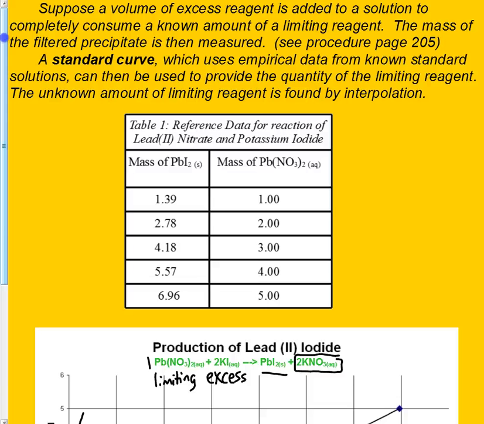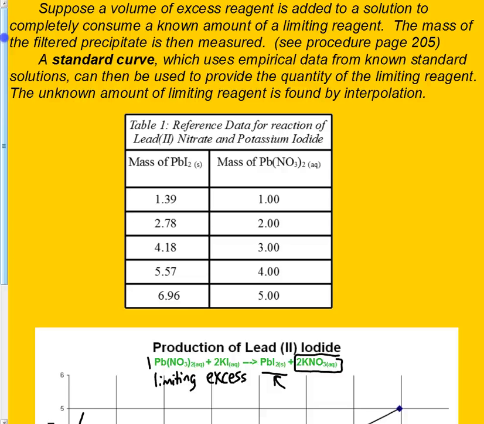The precipitate, which is our lead 2 iodide, is filtered and then separated from the solution, and then it's massed. So the standard curve is prepared using lots of different starting amounts.